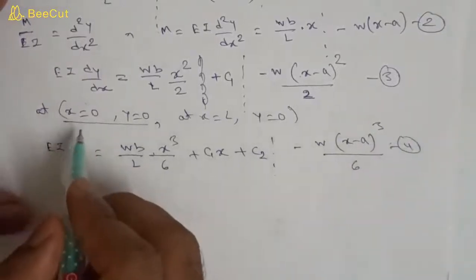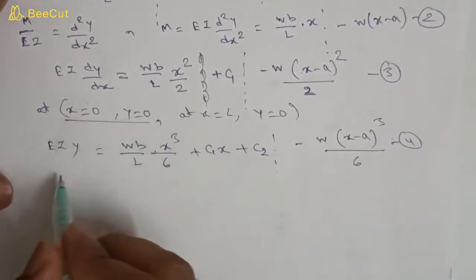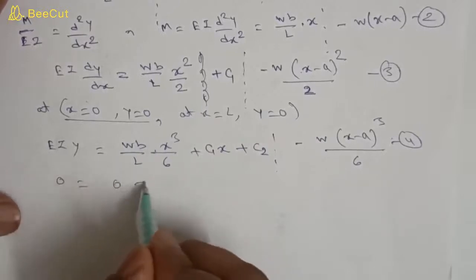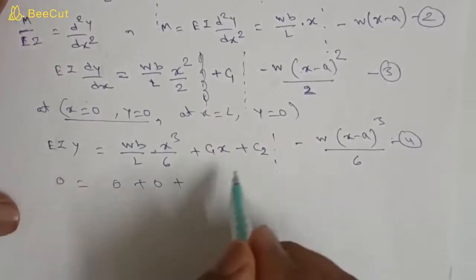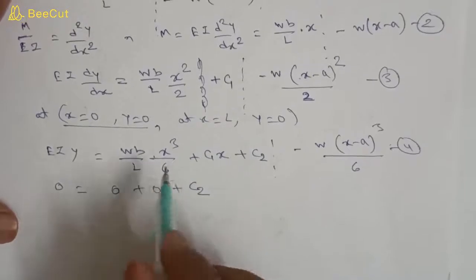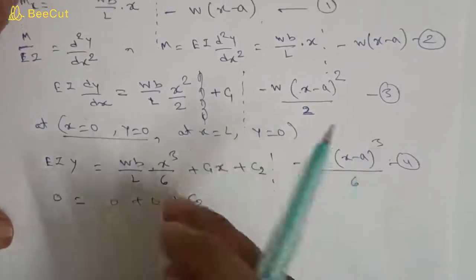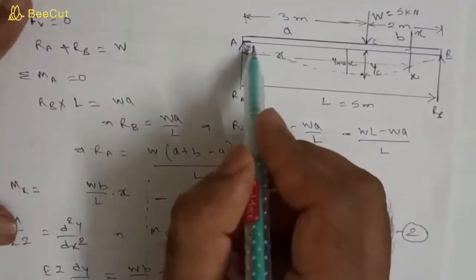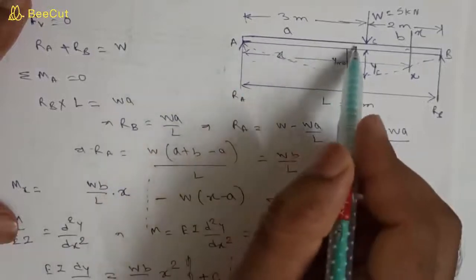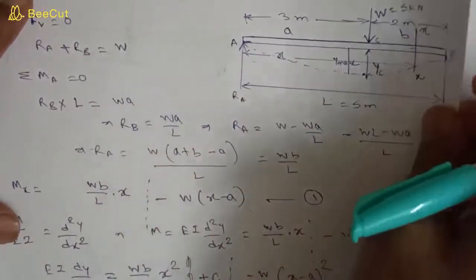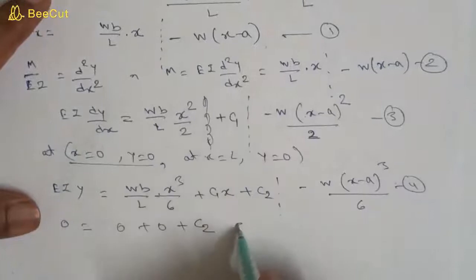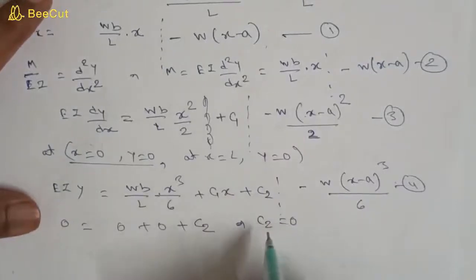If we put x is equal to 0 at y is equal to 0 in this equation, we will get 0 is equal to 0 plus C2. We have to put only up to the dotted line, because x is equal to 0 is in this section. So if we are considering this section, then we have to consider only up to the dotted line. So we will get C2 is equal to 0.